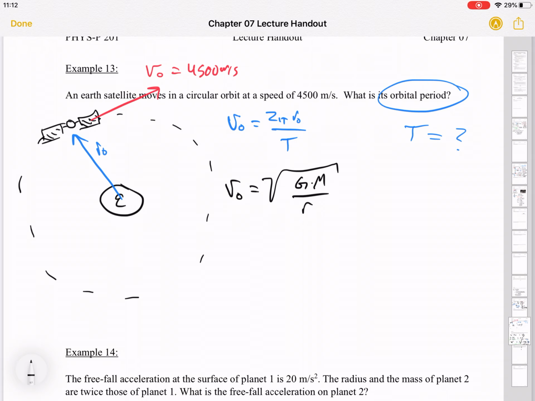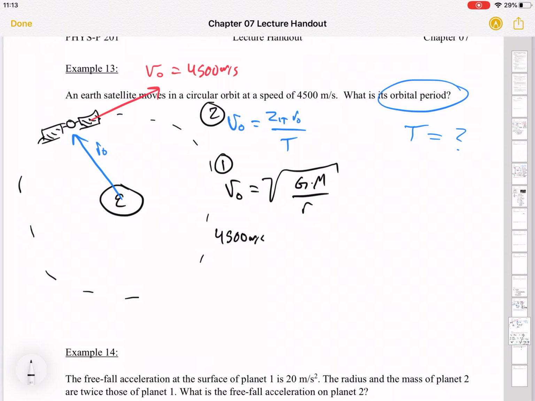Okay, so let's do that first. Let's solve for the radius of this. So we'll use this first, and then we can use this to find period. Okay, so I'm just plugging in.